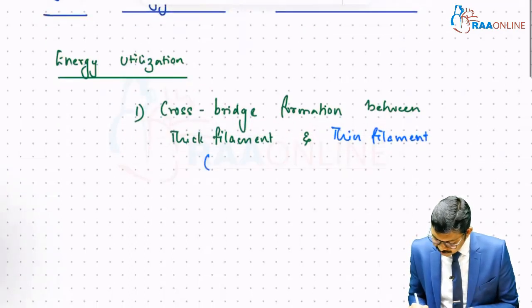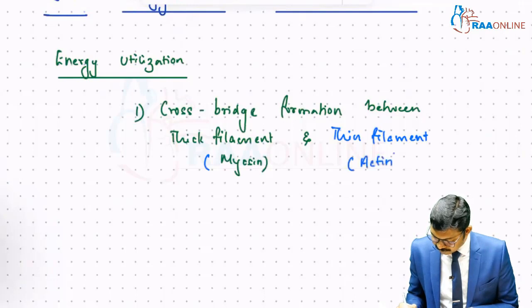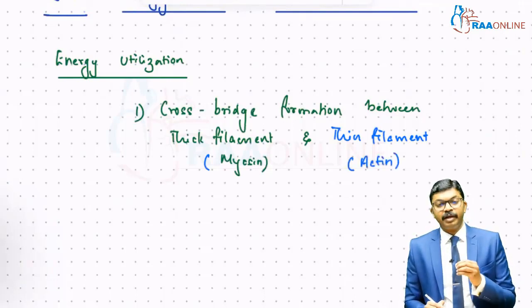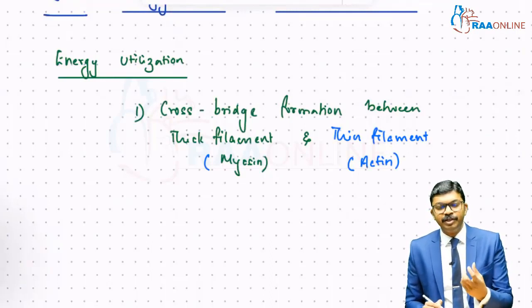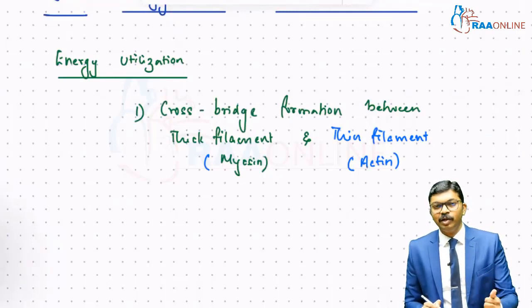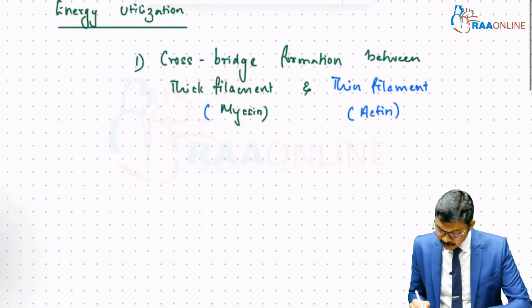So the cross bridge is formed between heads of myosin and body of actin. That's the first purpose and target where we are going to devote energy. You require ATP hydrolysis for this step to happen.